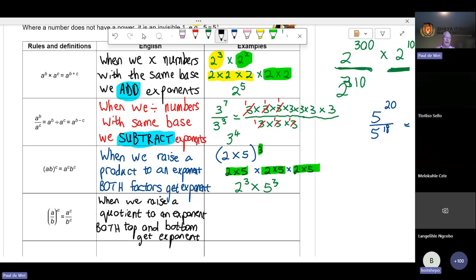If you look at it over here, we've got this fraction a over b. It's being raised to the exponent of c, and both the a gets the c and the b gets the c.